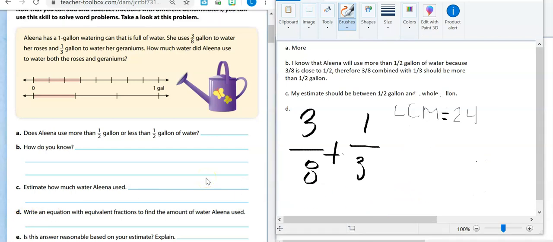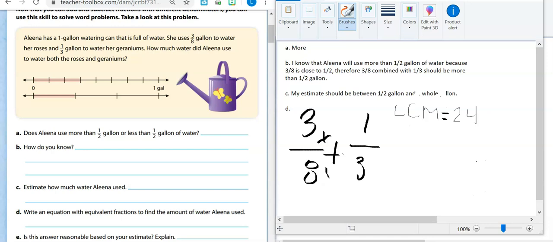All right, so now that I know my least common multiple is 24, I now need to make my denominators like denominators. So in order for us to make them equivalent fractions, I now need to multiply my denominator and my numerator by a like fraction for them to become 24 as my like denominator.